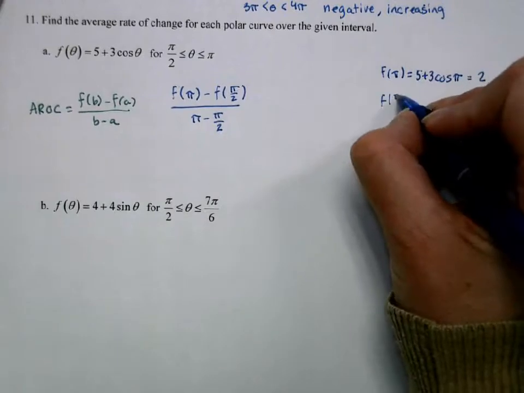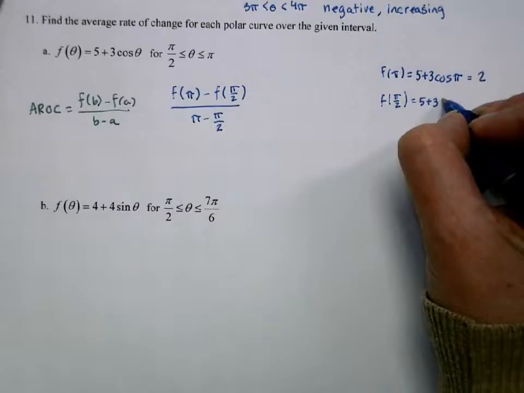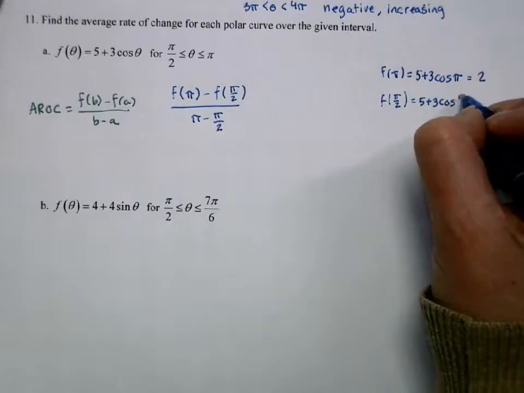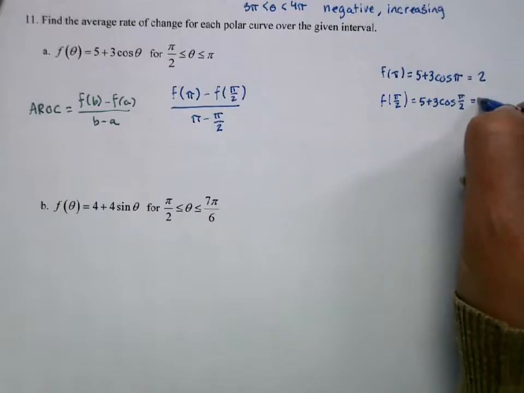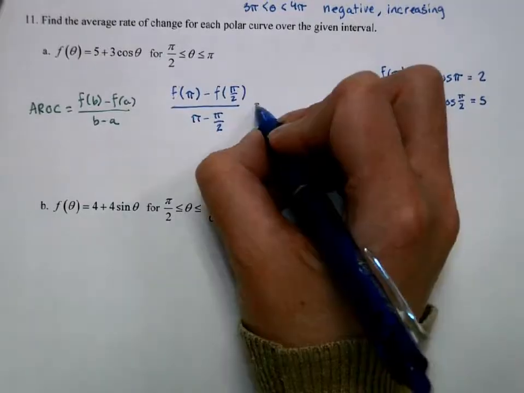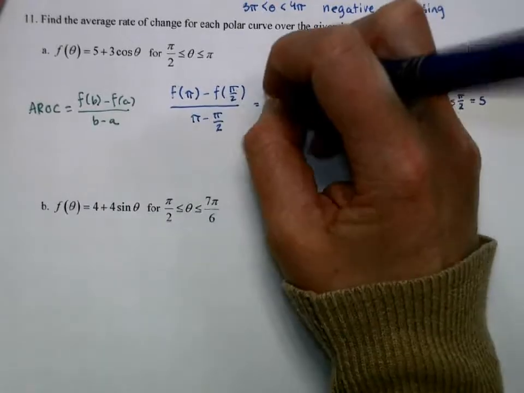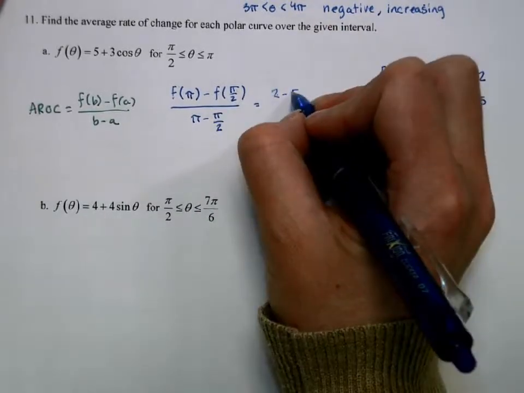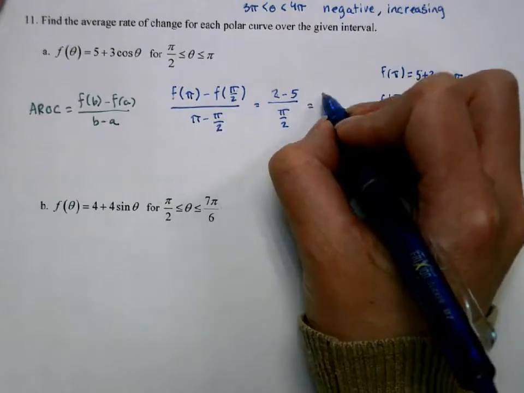Cosine of pi over 2 is 0, so we're going to get 5. So this is now 2 minus 5 over pi over 2. So we get negative 3 over pi over 2, which is going to give me negative 6 over pi.